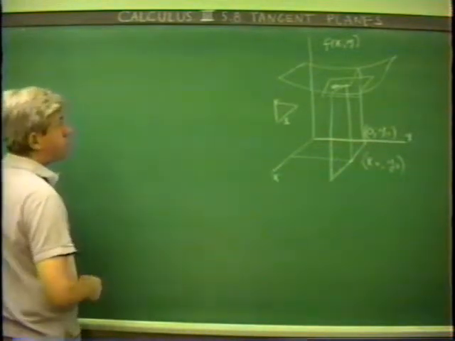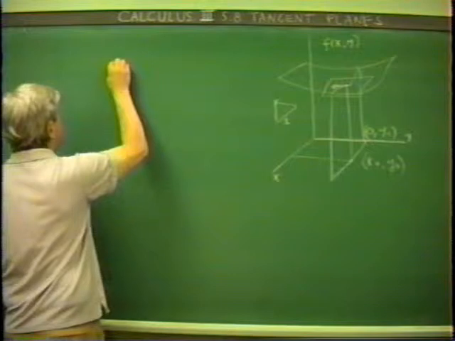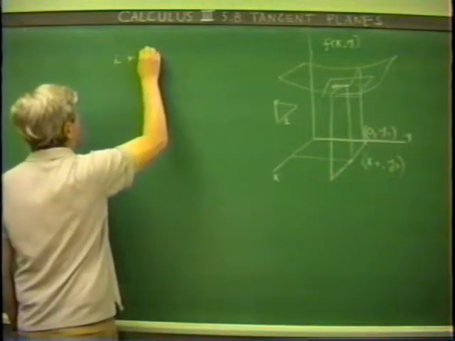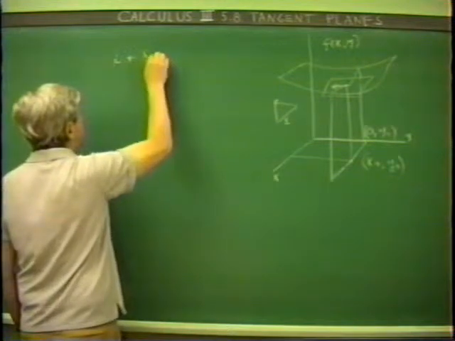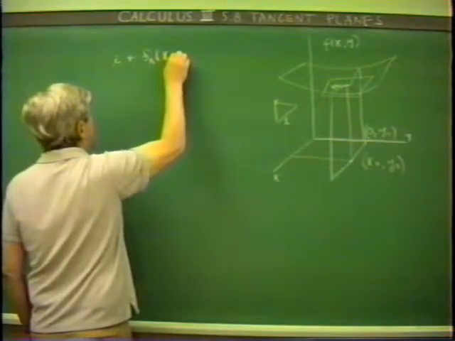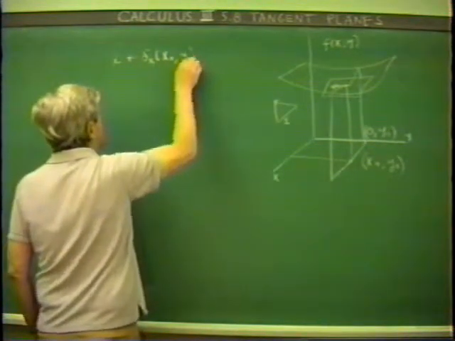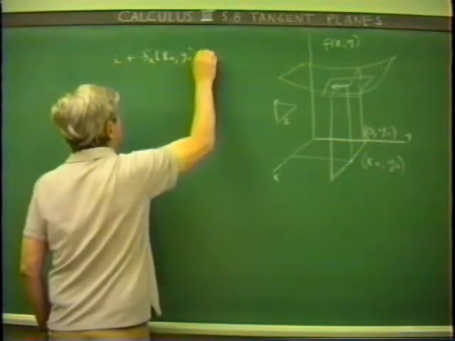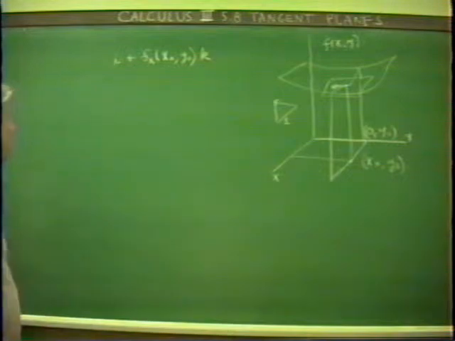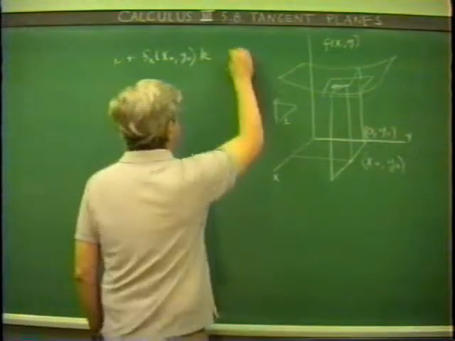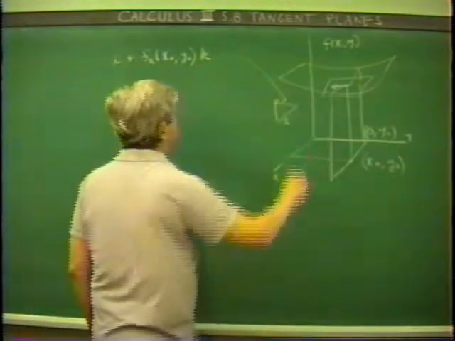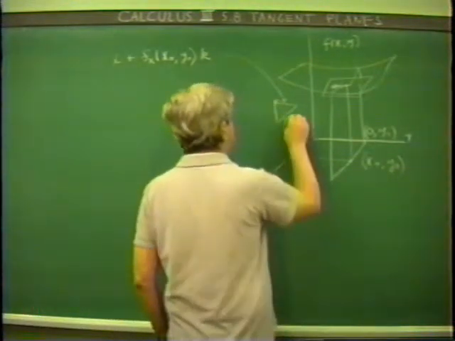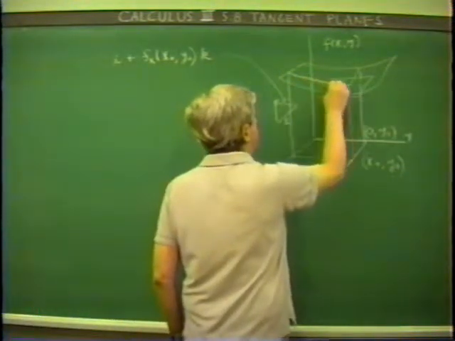That's to say, this vector right here ought to be the vector i plus the partial with respect to x at x naught, y naught times k. This ought to be this vector right here.